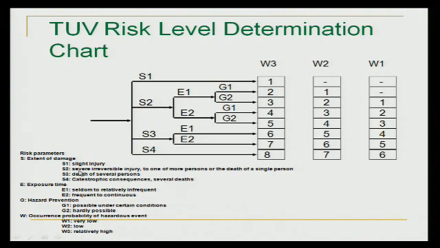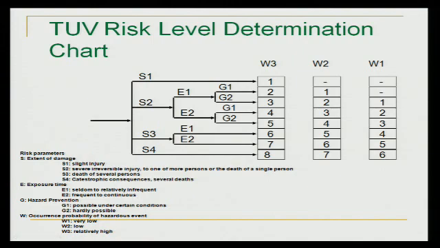You pick the extent of the damage if that risk occurred. The exposure time, how long can you expose someone to that? Seldom to relatively infrequent or frequent to continuous. So how long or how often would someone be exposed to this thing happening?